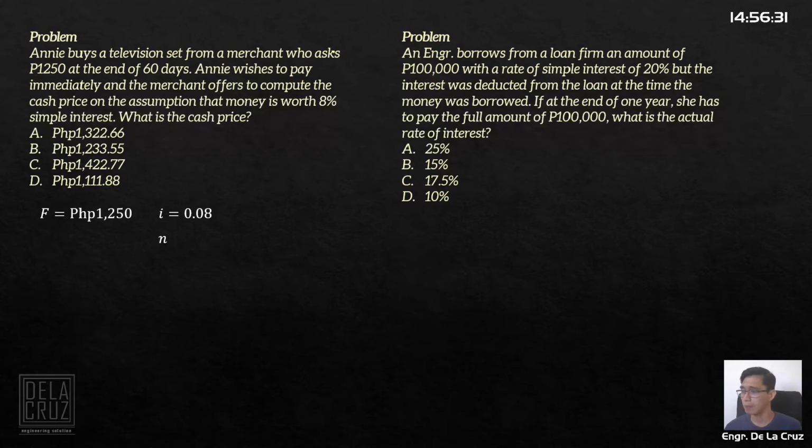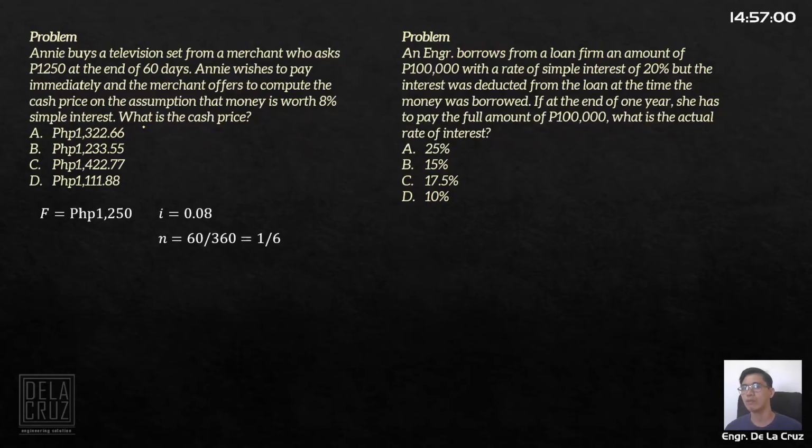So, walang nabanggit dito na ordinary or exact simple interest. Assume ko dito na ordinary. So, 1 year is 360 days. So, if 60 days yung N natin, divide that by 360. Ordinary simple interest. So, that is 1/6 years, fraction of a year.